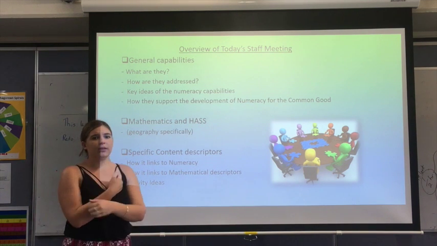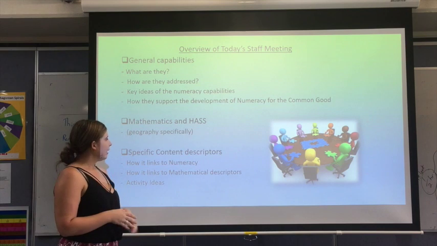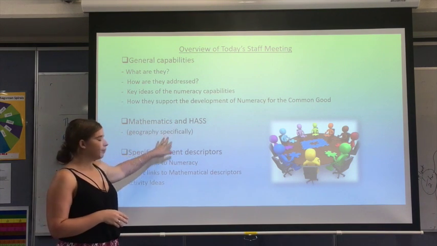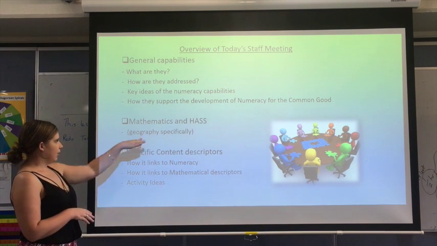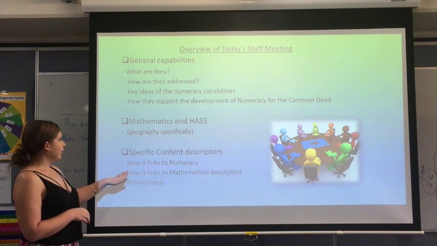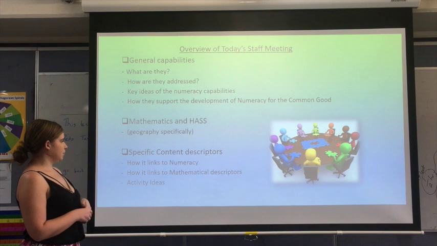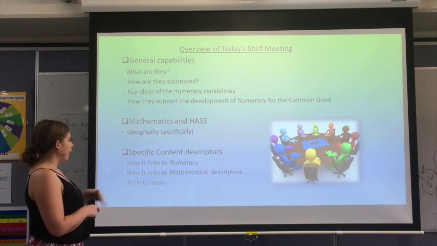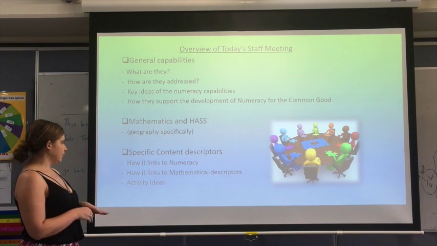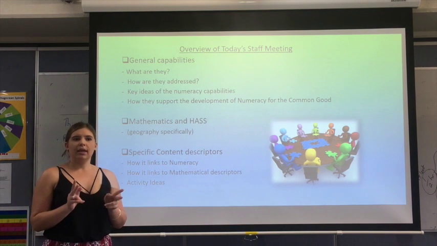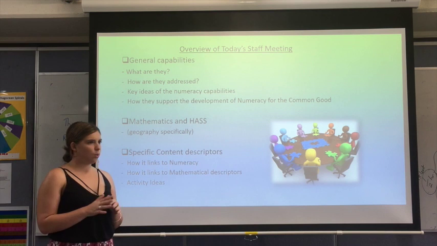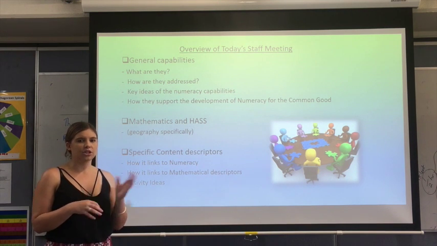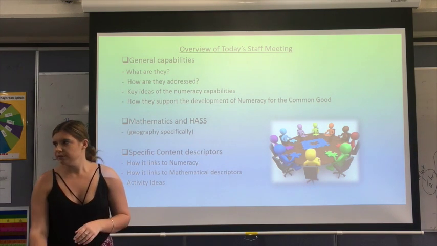From there, we'll be looking at mathematics and HASS, in specific geography. We will then look at specific content descriptors in terms of mathematics and HASS, and how the geography descriptors link to numeracy and to mathematical descriptors. I'll then be giving you two key activity ideas that I did with my Year 2 class, which were quite effective in combining that geography and mathematical knowledge.